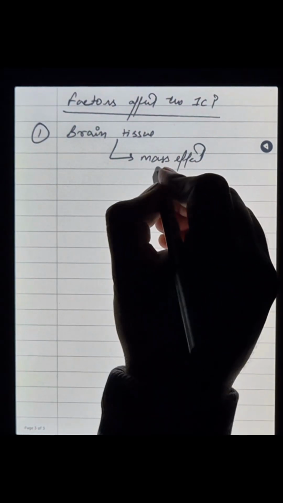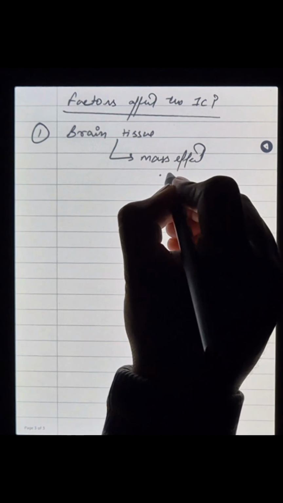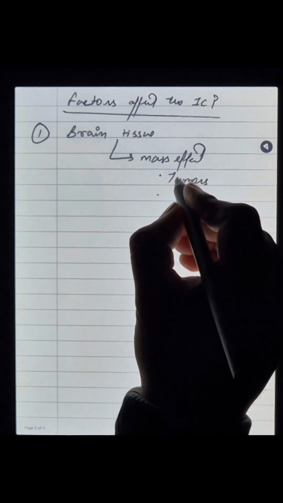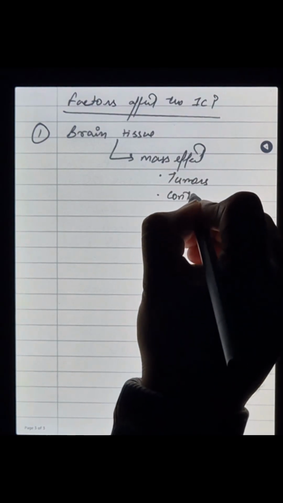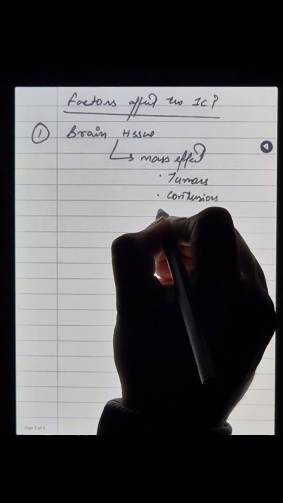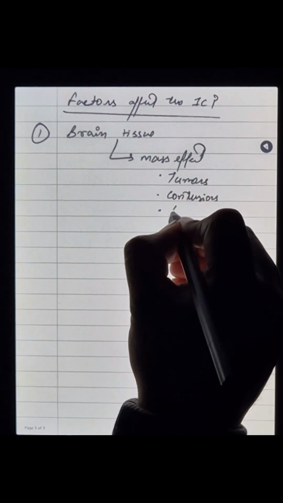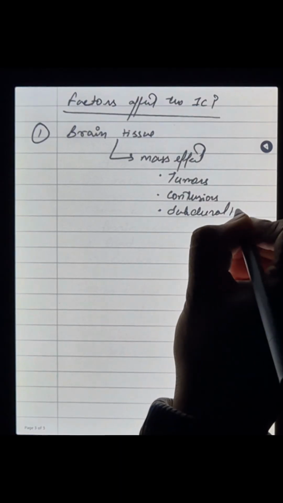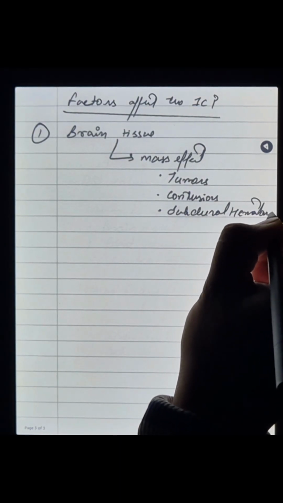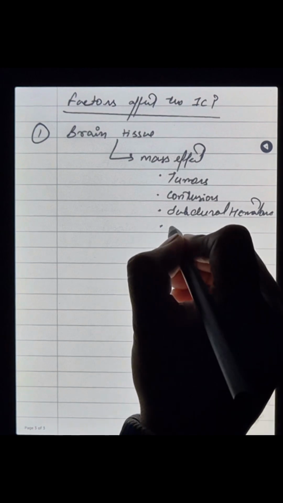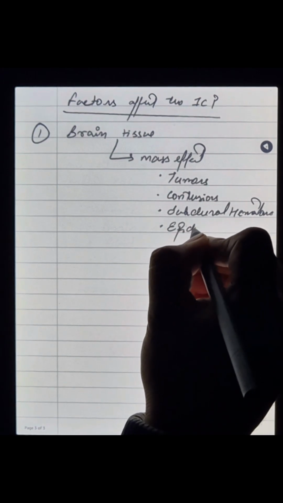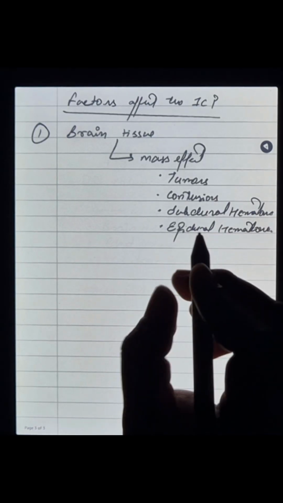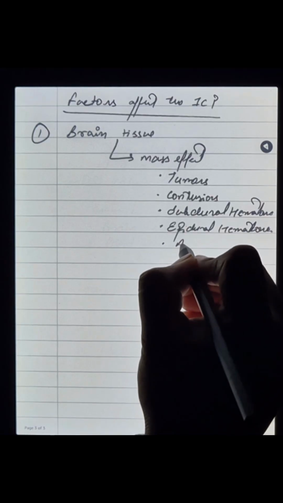Mass effect includes, for example, tumors, contusion, hematoma like subdural hematoma, even epidural hematoma, or abscesses.